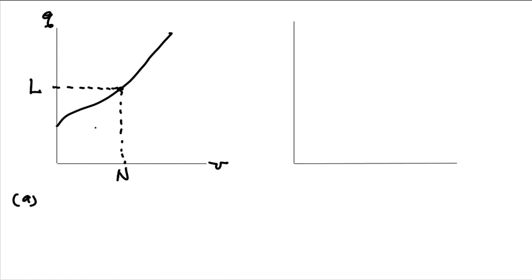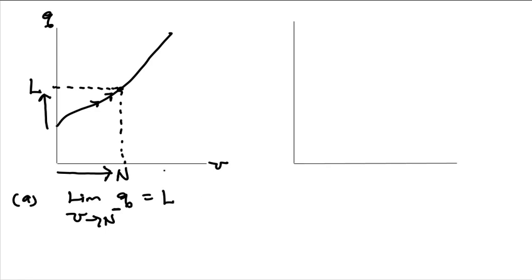Okay, so here, the limit of Q as V approaches N from the left hand side goes to the N value here. So this one is going up here, isn't it? So we're moving towards this point. And in this case, the limit of Q as V approaches N from the left hand side is L.